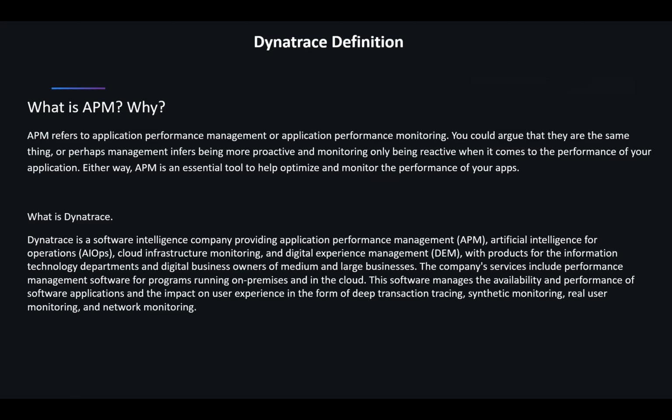We cannot argue with them. Both are similar and provide the same thing. Okay. So when you talk about proactive monitoring and predictive monitoring, APM is an essential tool to help optimize and monitor application performance. It's the same tools, but the difference is that management provides traces.